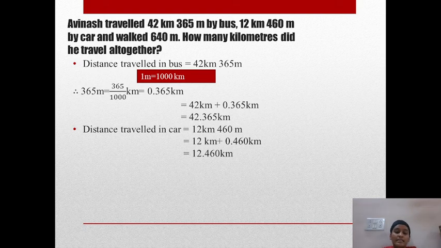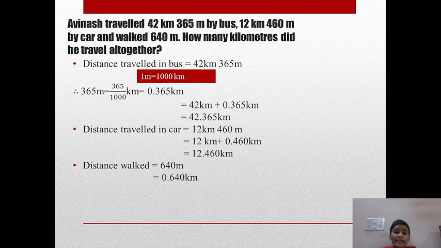Now you have got the two distances traveled in bus and in car. Now you have the distance which was walked. So distance walked was 640 meters. You will again divide it by 1000 and change it into kilometers. It will become 0.640 kilometers. Now, how many kilometers did he travel altogether? You have to find the distance which he traveled altogether.